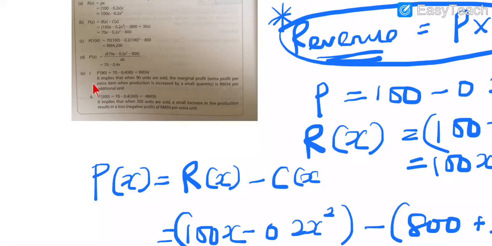It implies that when 90 units are sold, the marginal profit, the extra profit, is 34 per additional unit. When 300 are sold, a small increase in production results in a loss, meaning they will have a negative profit when extra units are sold. So the more you produce, the less profit it is.